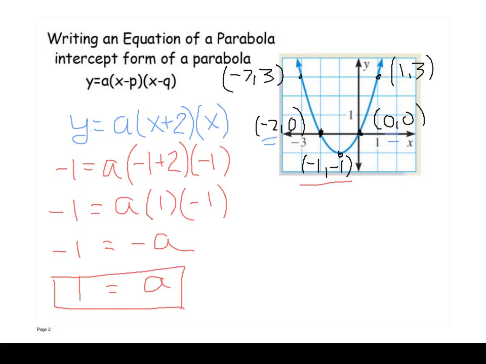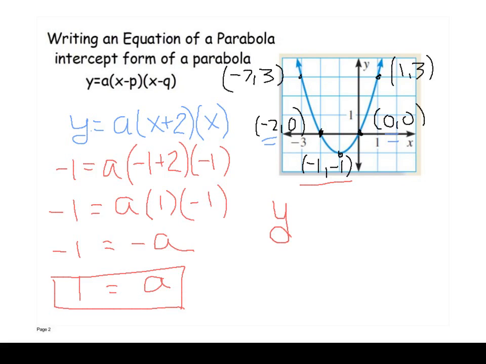So now I have all of the tools I need to represent my equation in terms of my x and my y values. So what I do now is I rewrite my equation, plugging in my P, my Q, and my A values that I found.